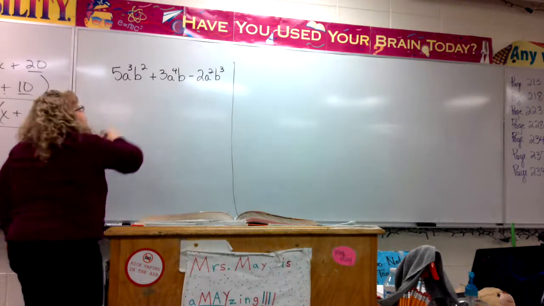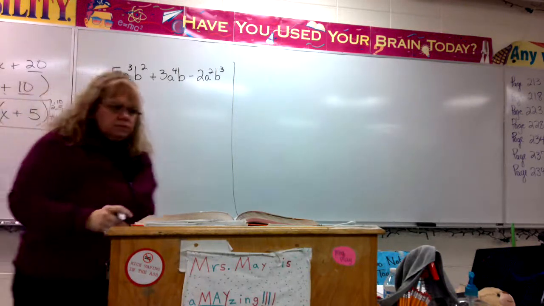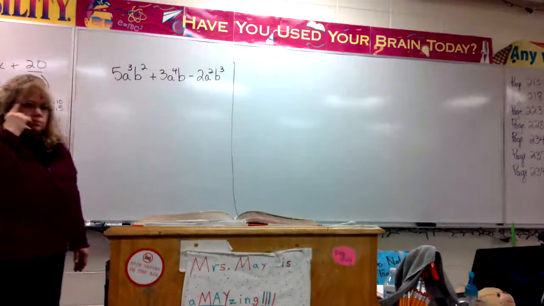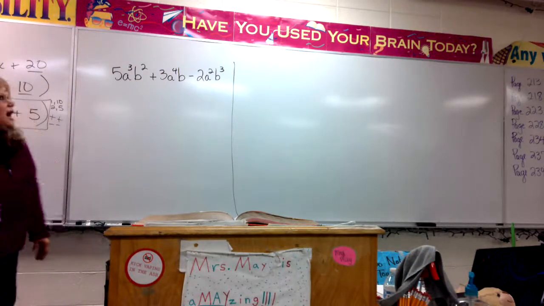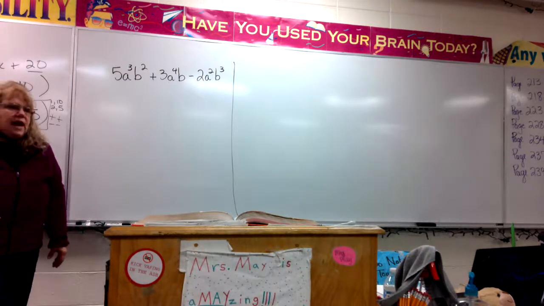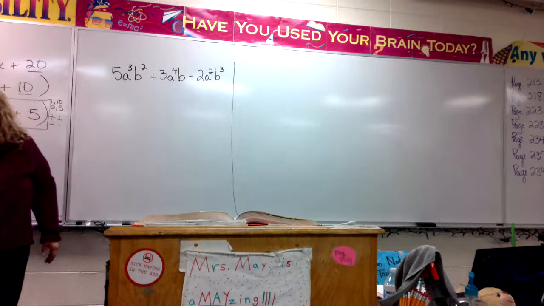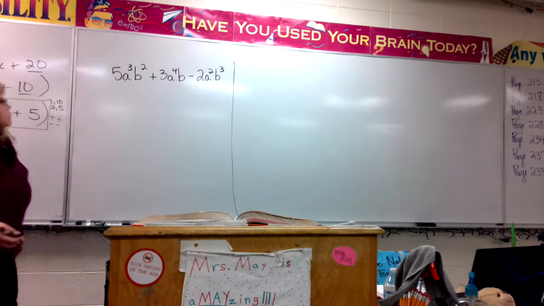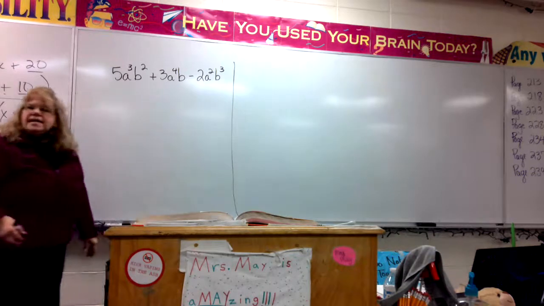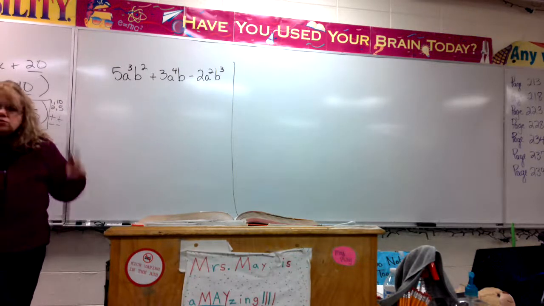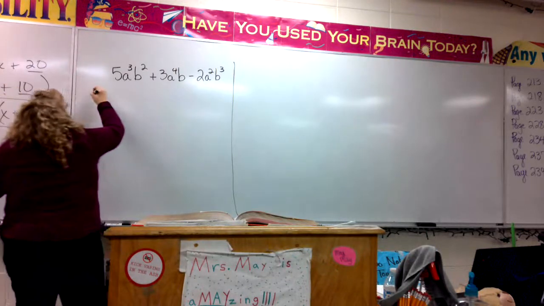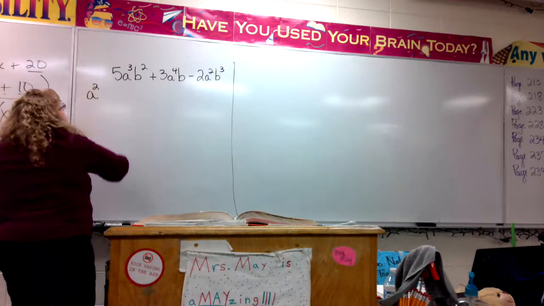How many A's? I have 3, 4, and 2. What's the most I could take out? Because you want to take out the most. This one has 3, this one has 4, this one has 2. How many could I take out at most? 2, right? Because this one only has the 2 of them. So I'm going to take out an A squared.